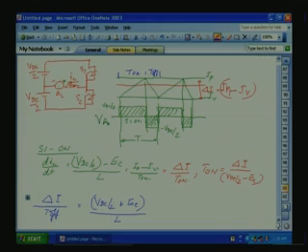So, L into di by dt, that is the voltage across the inductance, is equal to VDC by 2 plus EC. When this is turned on, this whole voltage has to drop across this one.